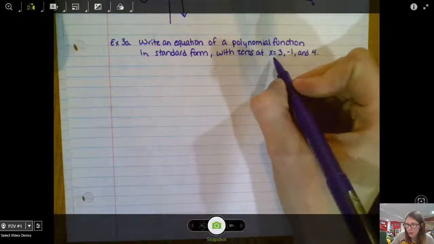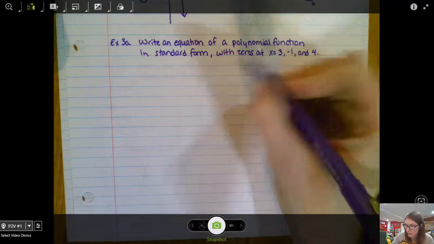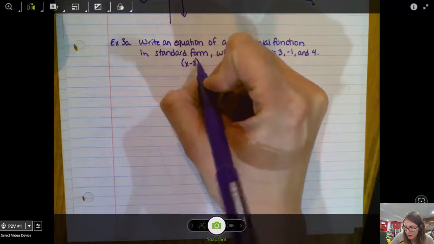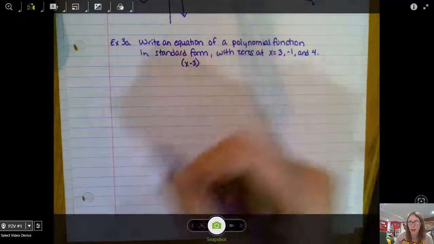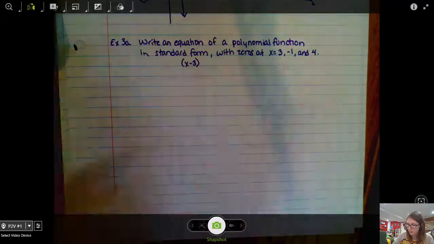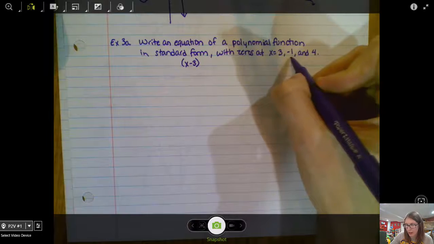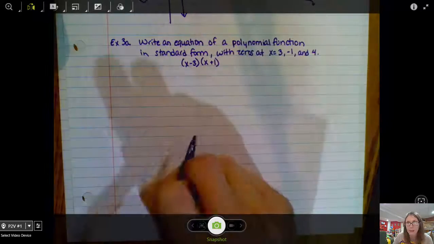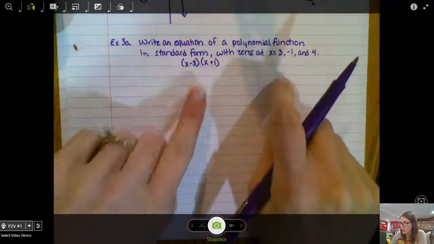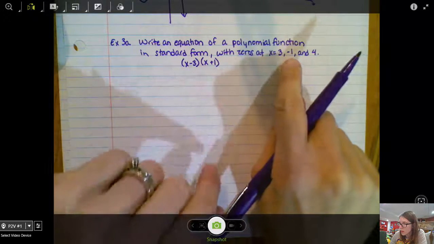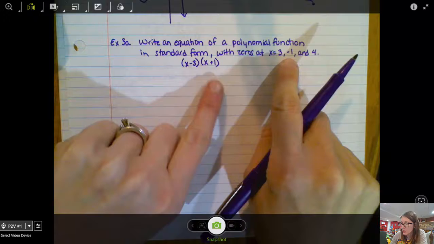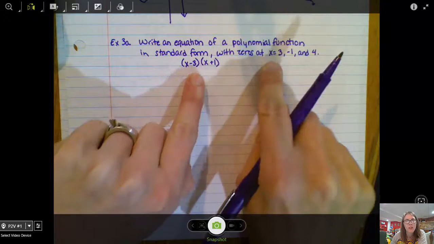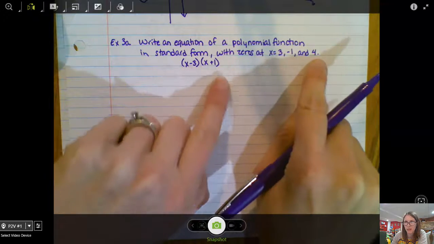So if I know I have a 0 at 3, that means x minus 3 has to be a factor in our equation. If I have a 0 at -1, that means x plus 1 has to be a factor. So I'm really trying to figure out what would I plug this number into to get 0. -1 plus 1 is 0. 3 minus 3 is 0.